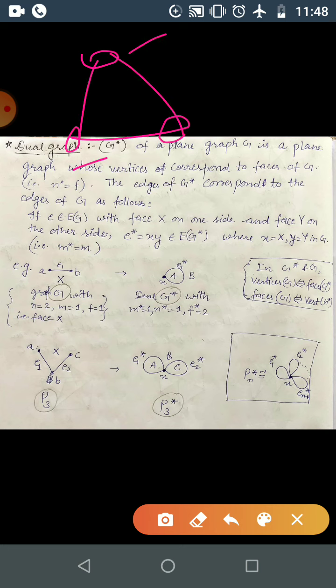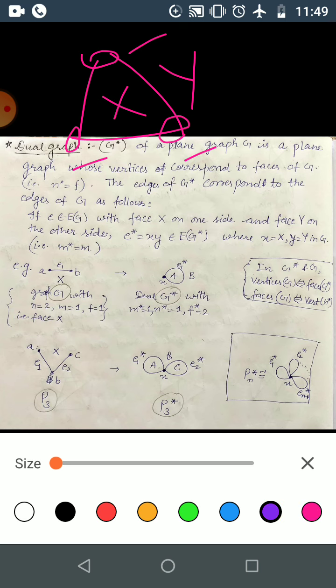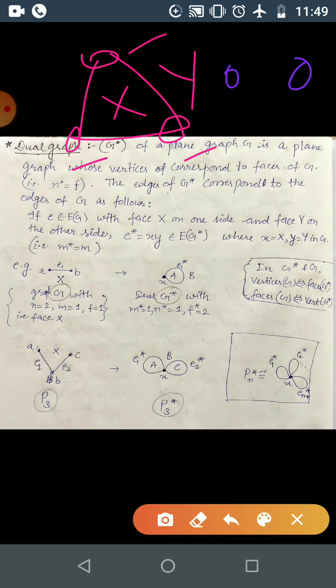Corresponding to these three vertices, there will be some faces, and corresponding to these two faces, there will be some vertices. Correct? So here it will be vertices x and y, where x and y are the faces on both sides of this edge and this edge and this edge.